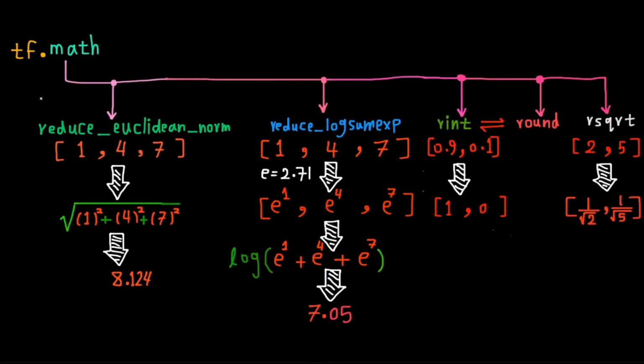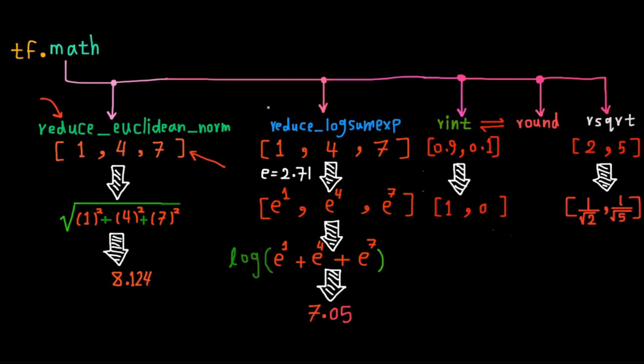Let's first take reduce Euclidean norm function. This function computes the Euclidean norm of elements across dimensions of a tensor. Let's say we have this one-dimensional tensor with just 3 elements in it, 1, 4, and 7. When we apply reduce Euclidean norm on this tensor, as you know, this tensor just has one dimension, so we will apply reduce Euclidean norm on this dimension.